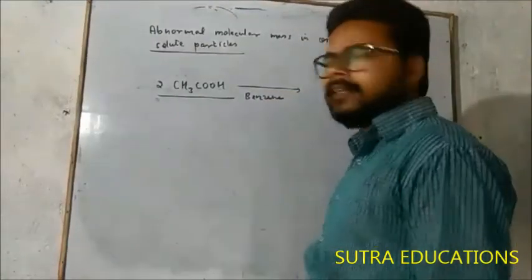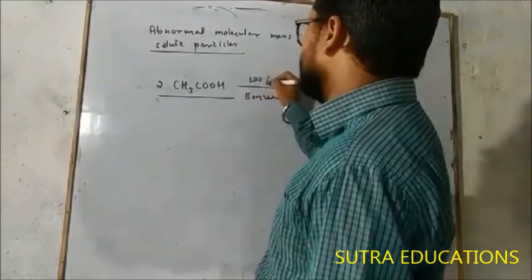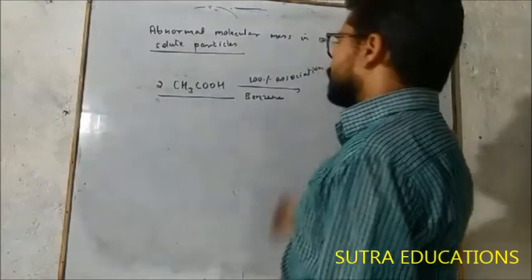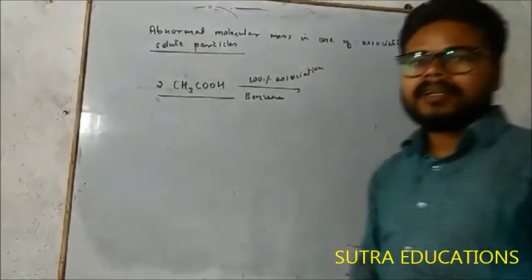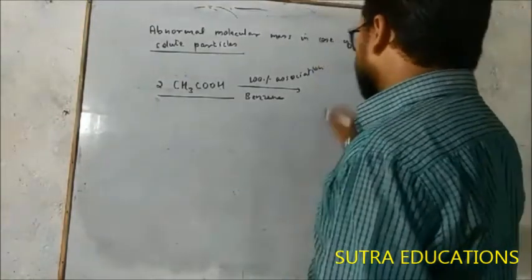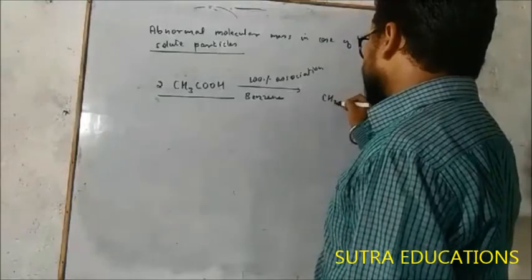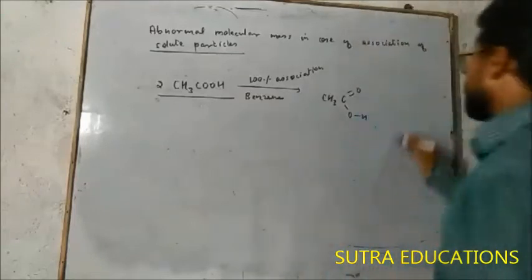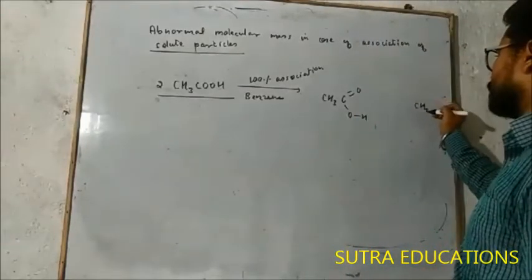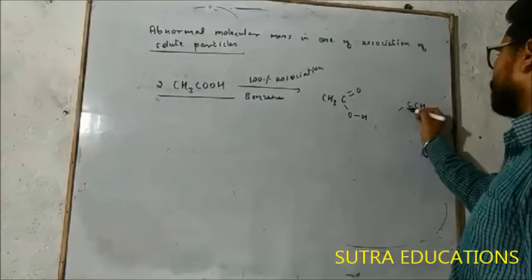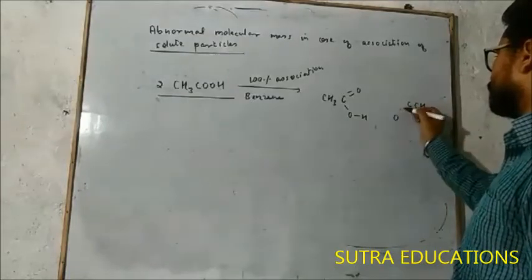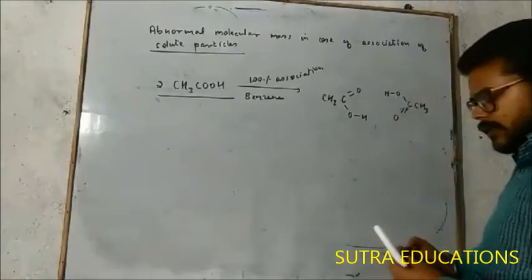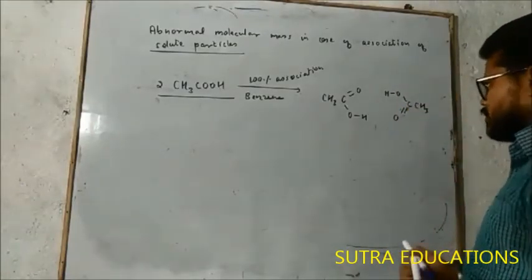If it is 100% associating, then it will dimerize. I have told you now. It will dimerize like this: CH3-C(=O)-OH, and again here CH3-C(=O)-OH. Why will this get dimerized?